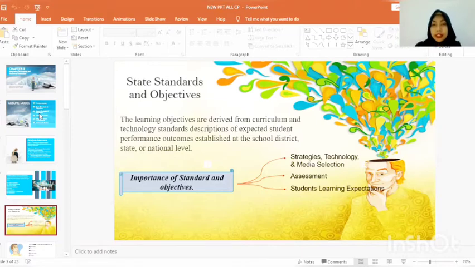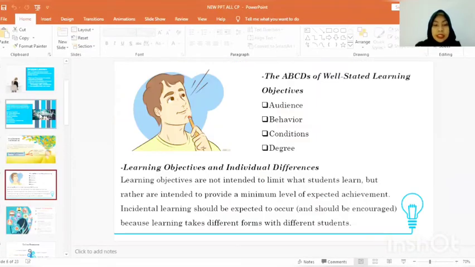And the last one is student learning expectation. Then the second component is the ABCDs of well-stated learner objectives. Number 1 is the audience. Number 2 is behavior. Number 3 is conditions, and number 4 is degree.